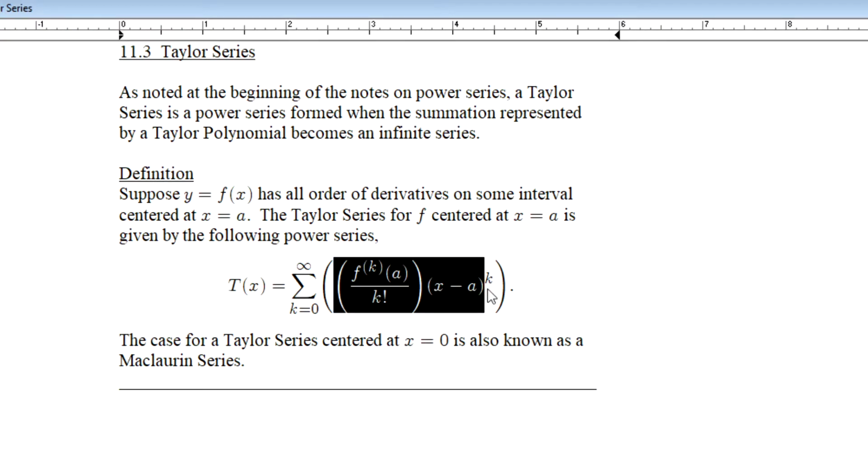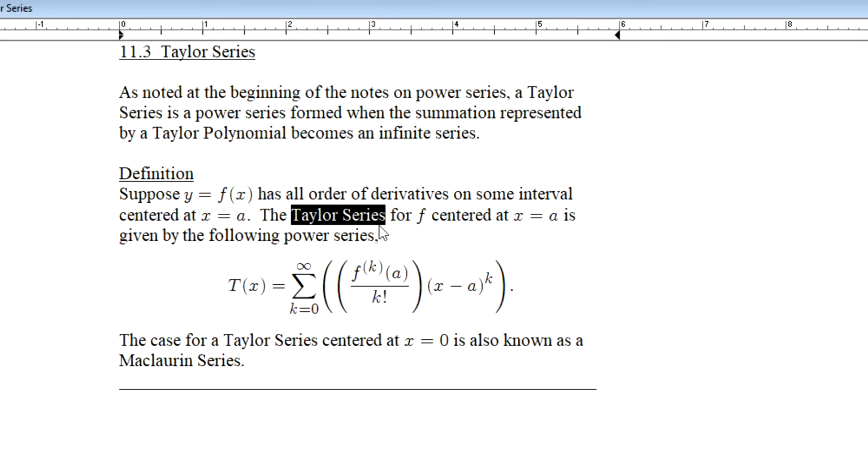Together, they form a power series that is specifically known as a Taylor series. A Taylor series for a function y equals f of x, f typically being some transcendental function, centered at some value of that function that we are aware of, that we don't have to spend a lot of time thinking about its transcendental value.